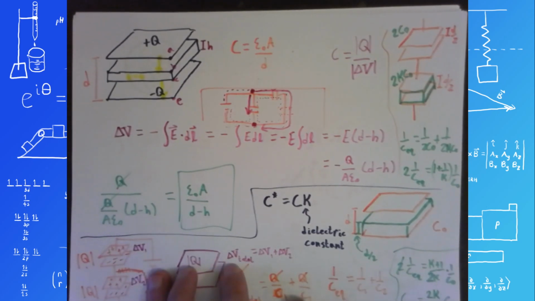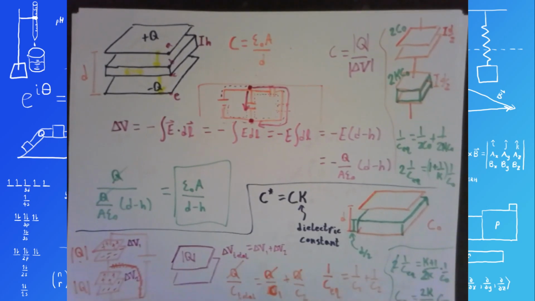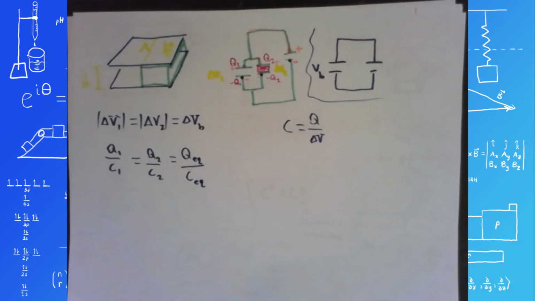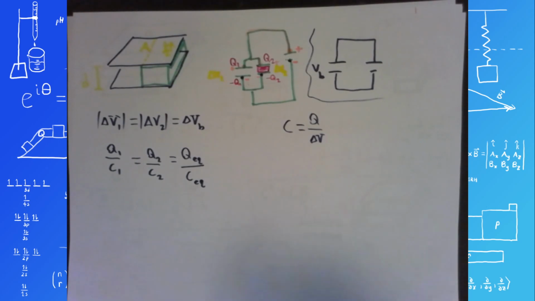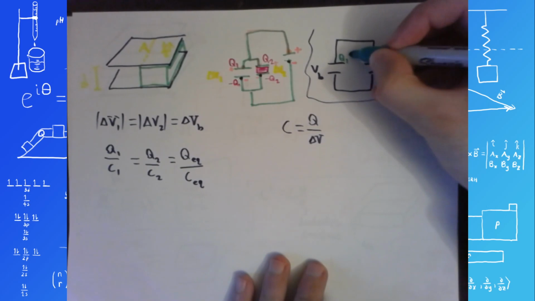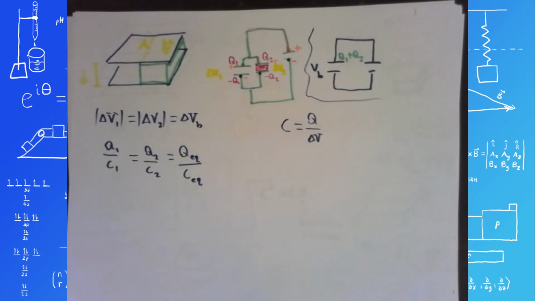Right, and I argued that the total voltage needs to be the sum of the two voltages, and that's how I got this equation. Okay, so yeah, I just have to make a more convincing case that the amount of charge on this new capacitor over here is Q1 plus Q2. How do I give an intuitive justification for that, though?